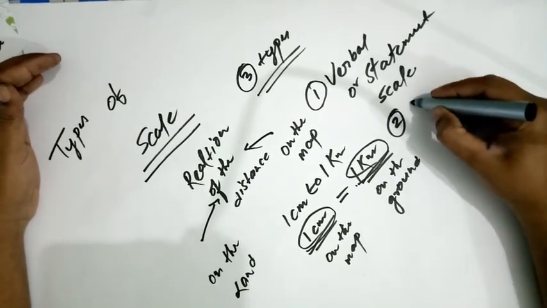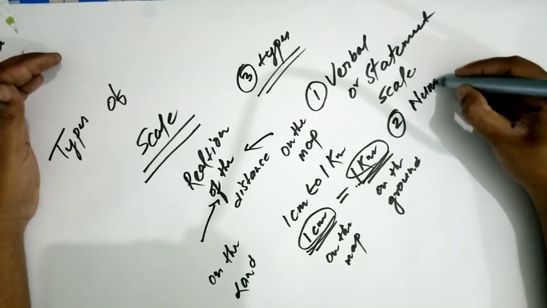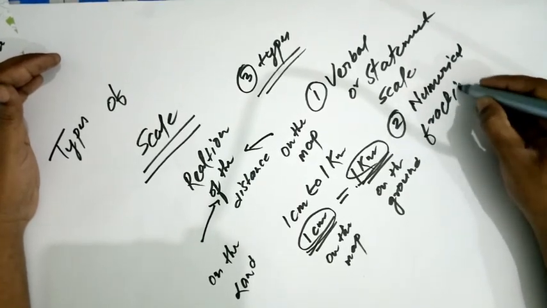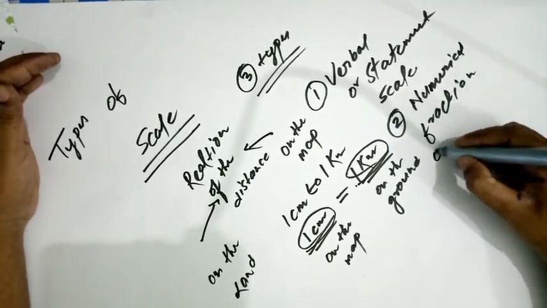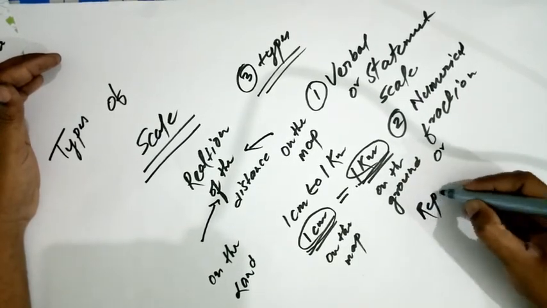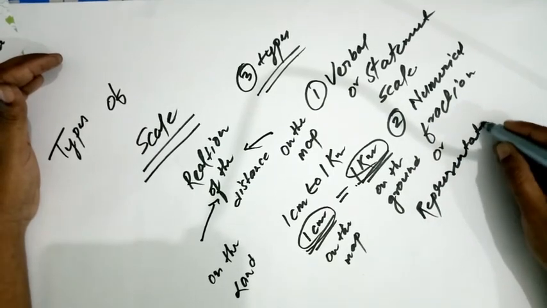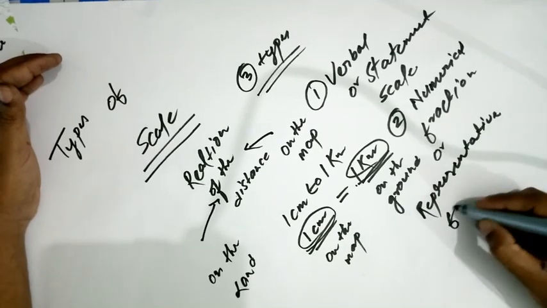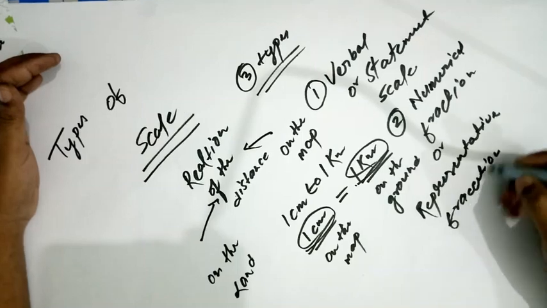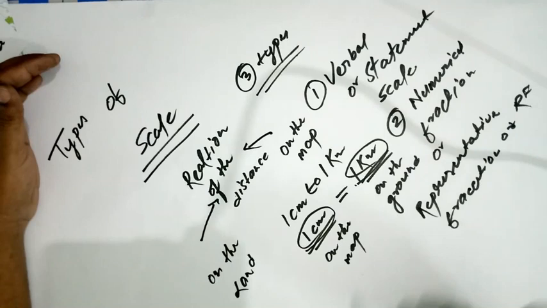Number 2, numerical fraction or representative fraction, sometimes called RF also.